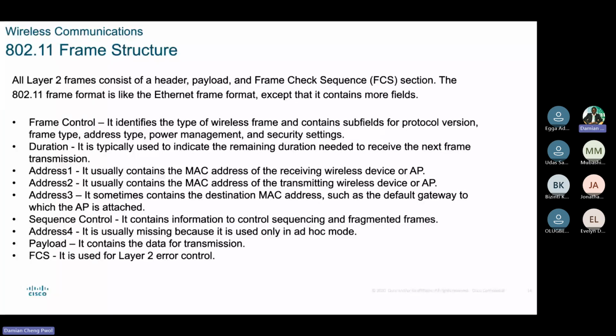Address 1 usually contains the MAC address of the receiving wireless device or access point. If you recall, we talked about the physical address yesterday. The physical address is also your MAC address, and in a natural way, the MAC address can be referred to as your fingerprint.